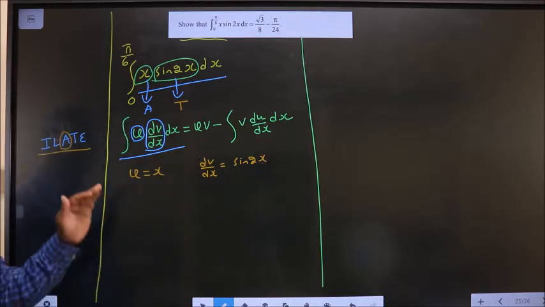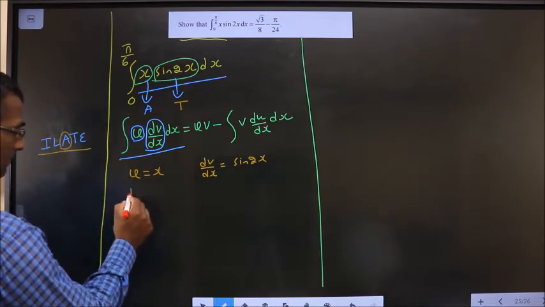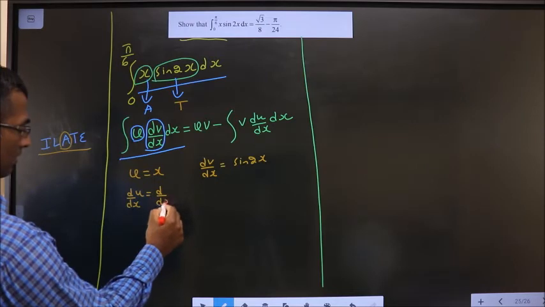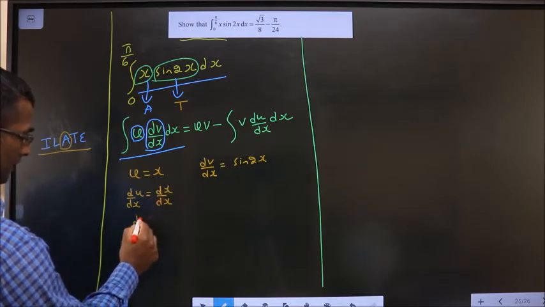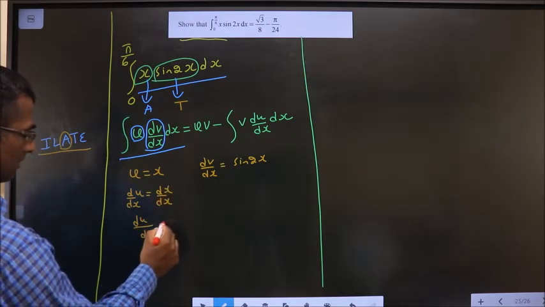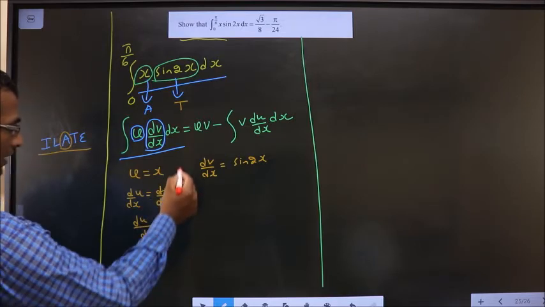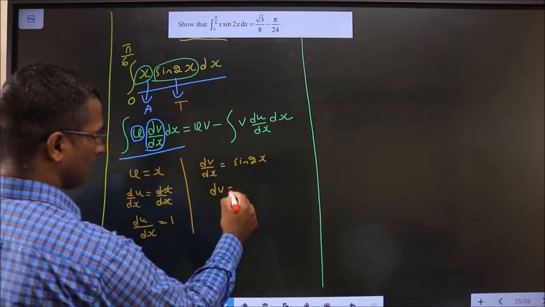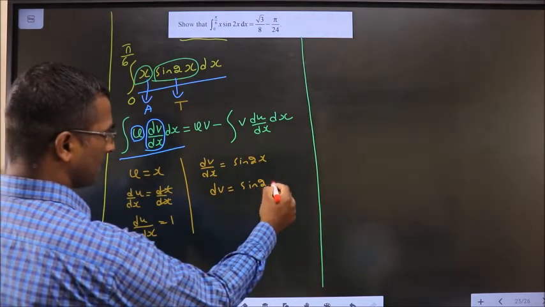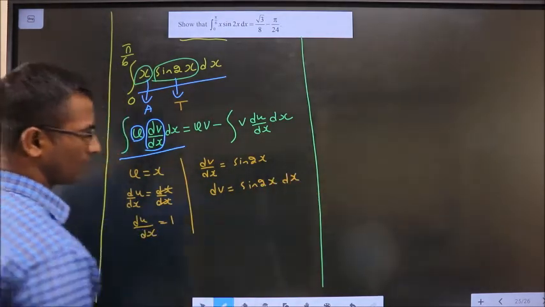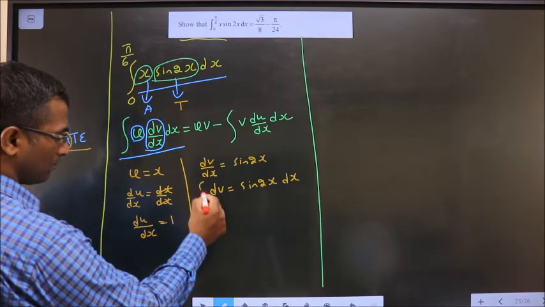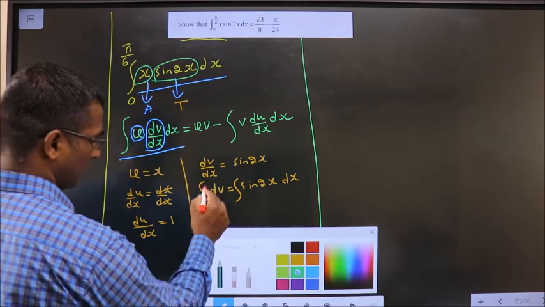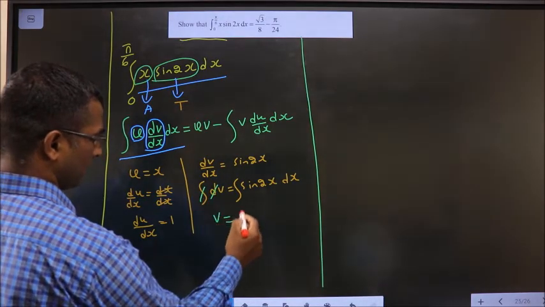Clear so far? Next, take d by dx on both sides. So here du by dx is equal to 1, as this cancels out. Here send dx to the other side, so it is sine 2x dx. Now integrate on both sides. Here this cancels out leaving you v.